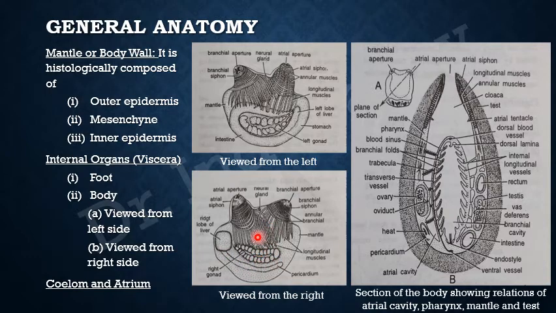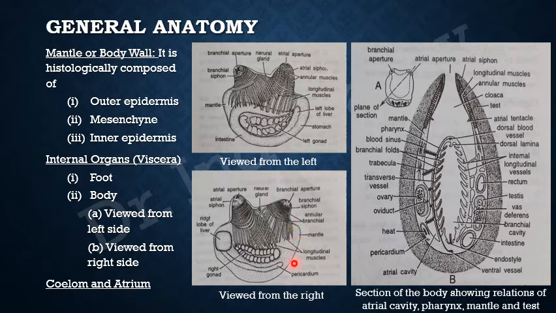Of course you cannot see the loop of the intestine because it is lying on the left side. So in the right view you can only see the right part of the gonad, which is lying just near the left part of the gonad, which was lying in the intestinal loop.